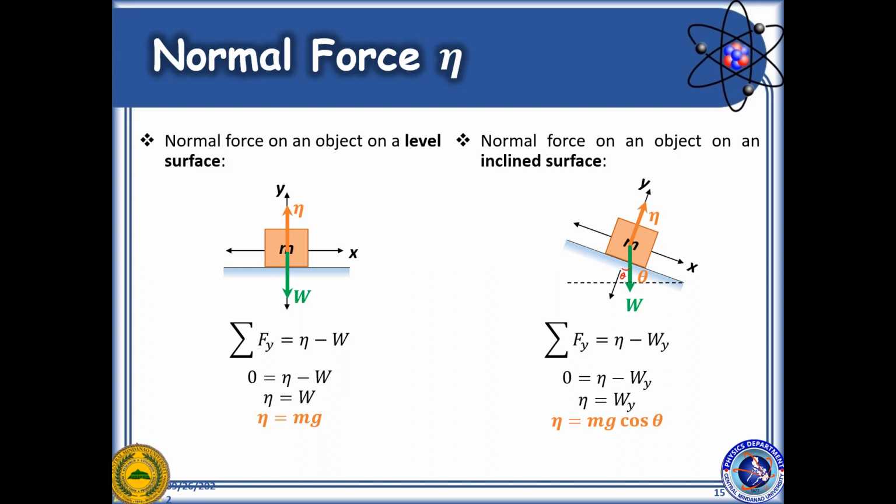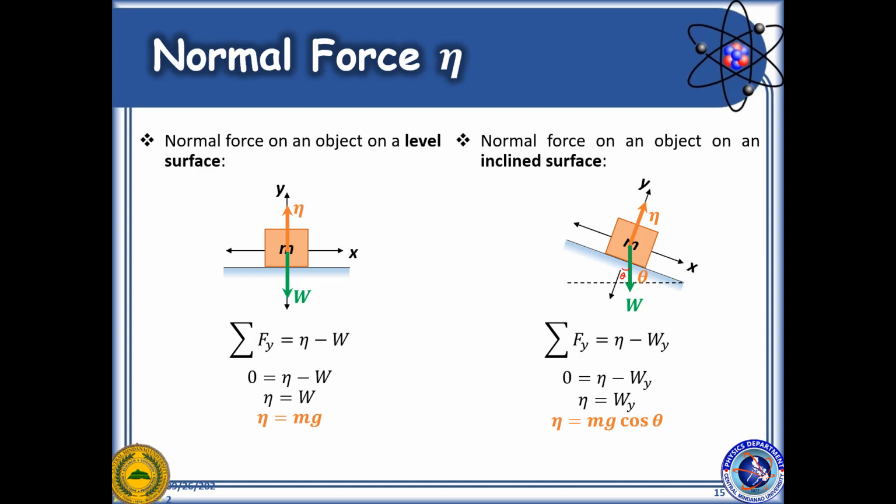This particular system has forces acting on the x-axis and forces acting on the y-axis. For forces along the y, the net force is equal to 0. So F sub y is equal to the normal force minus the y component of the weight.